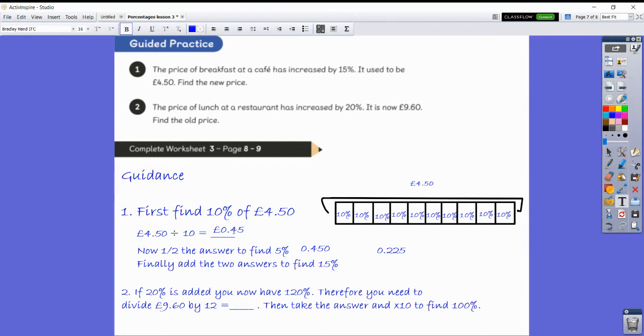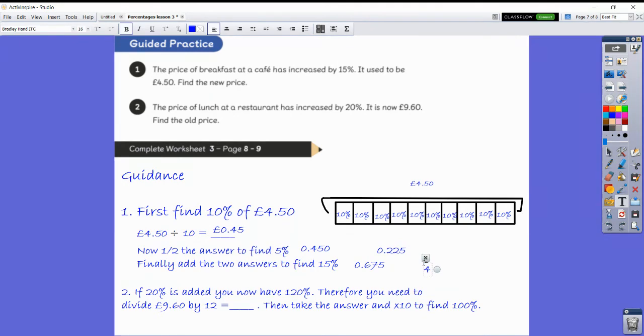So we've got 10% here, 0.45, 5% here, 0.225. You then add those together and you are left with 0.675. That number then needs to be added because that's your 15% to £4.50. And what you will find is you will have a bit of a strange answer.